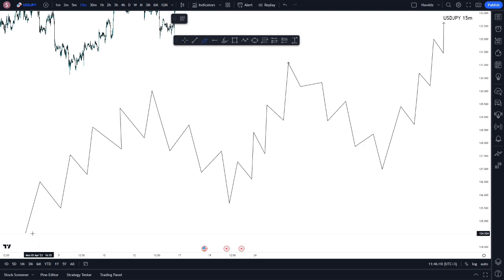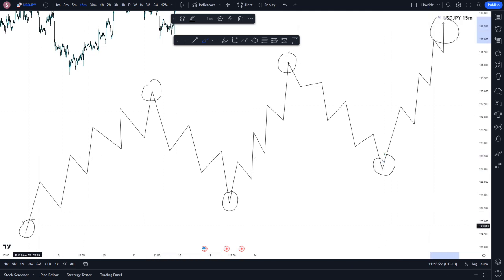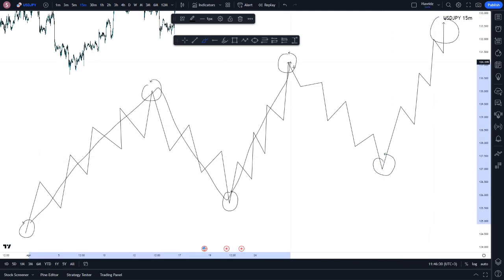So if we mark order flow, we'll have a main swing point low, a swing point high, a swing point higher high, a swing point higher low, and a swing point higher high. If you connect these lines, you're going to have a bullish market constantly creating higher highs and higher lows.